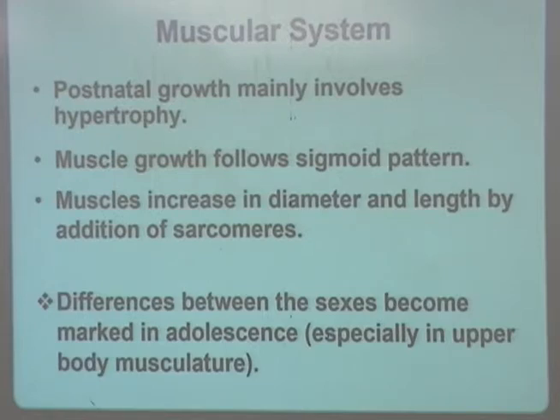Predominantly, once we're born, change in muscle mass is due to hypertrophy. So we don't lay down a lot of additional muscle cells once we're born. A few, but not a lot. Most of our muscle cells are there when we're born, and then we're just making them bigger.